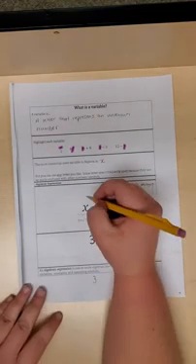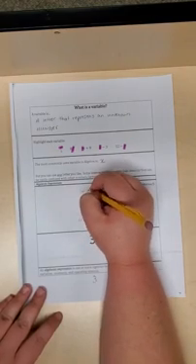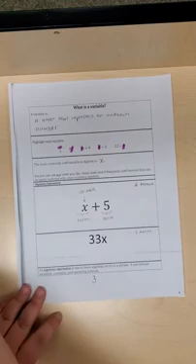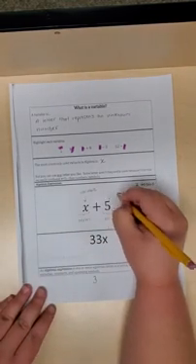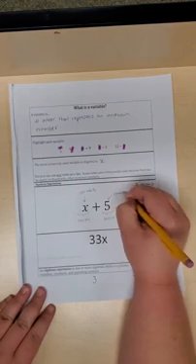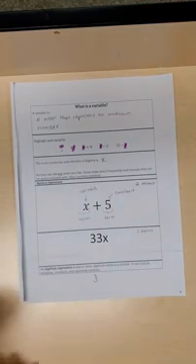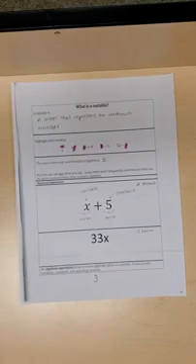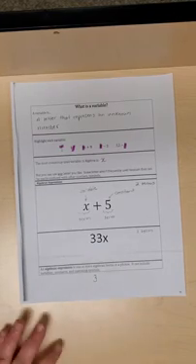Now, like I said, x is the variable, and 5 is being added to it. Now that 5 also has a word that represents it, and it's called a constant. It's called a constant because it doesn't change. It's going to be a 5 no matter what. Once it's added to the x, whatever x represents, then it will change, but it's just a constant. Okay? Now in the 33x, things are a little bit different.